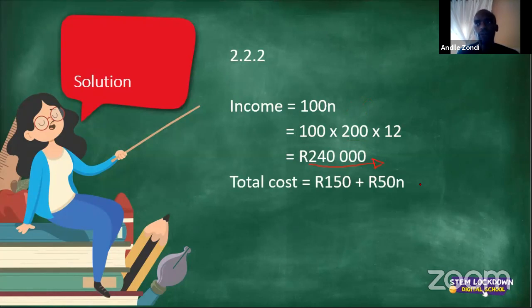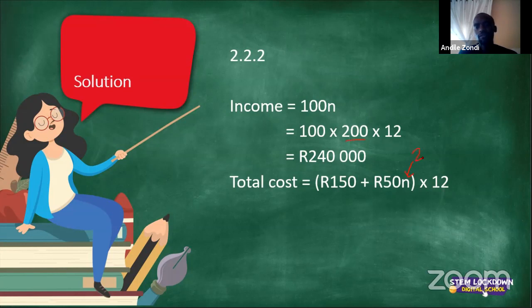Remember, we're looking at 12 months, so we need to times by 12, from January to December. Now per month, how many plates, learners? Obviously the same, 200 plates per month.